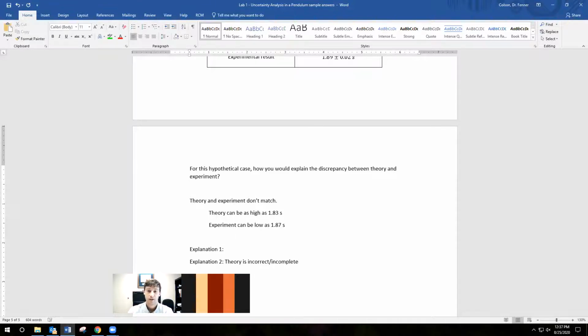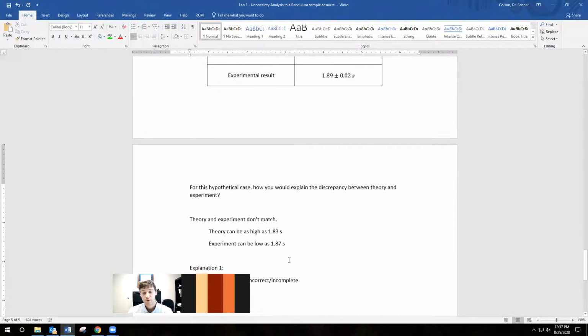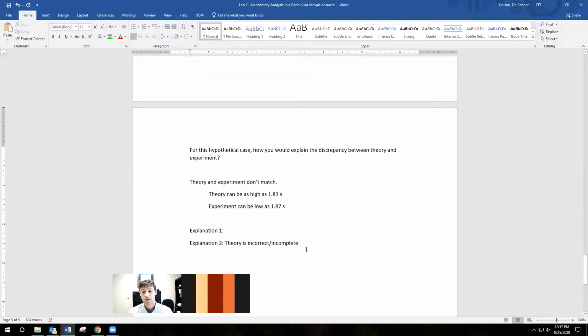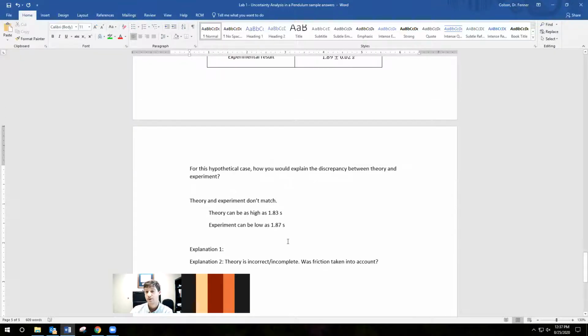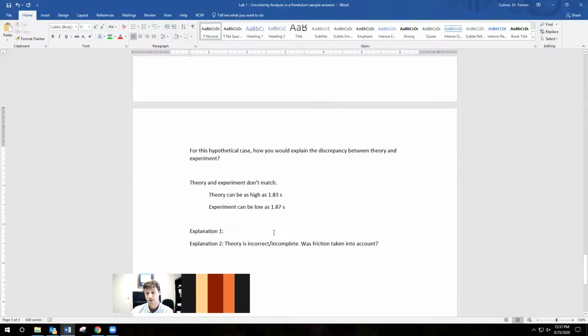Suppose something like friction was an effect, because our theory is just that one single equation, allowing us to predict the period as a function of the length and gravitational acceleration, and there's no mention of friction.